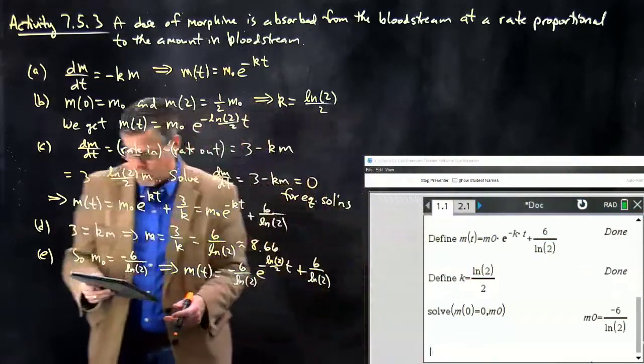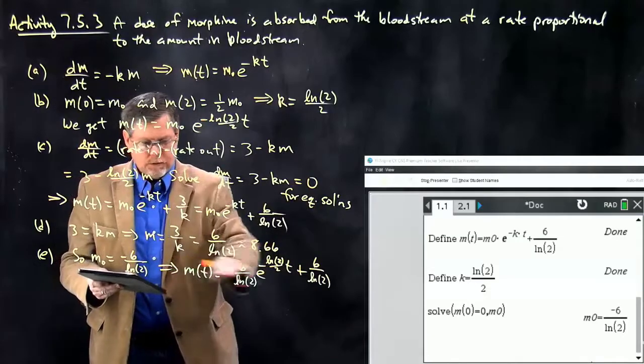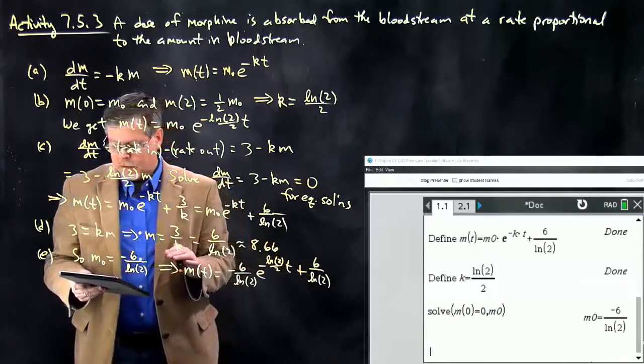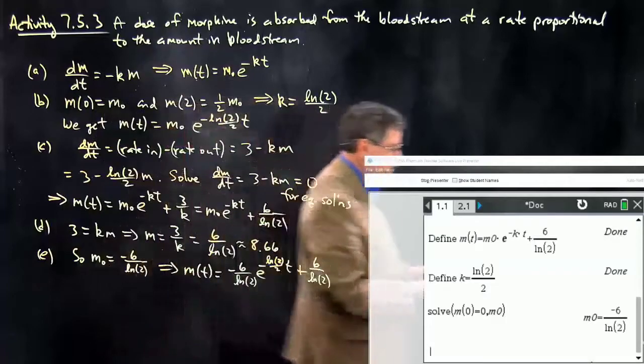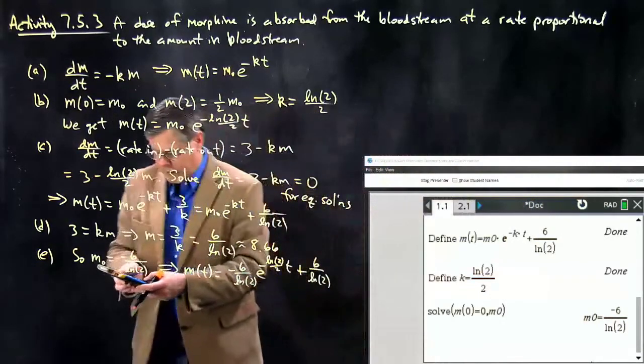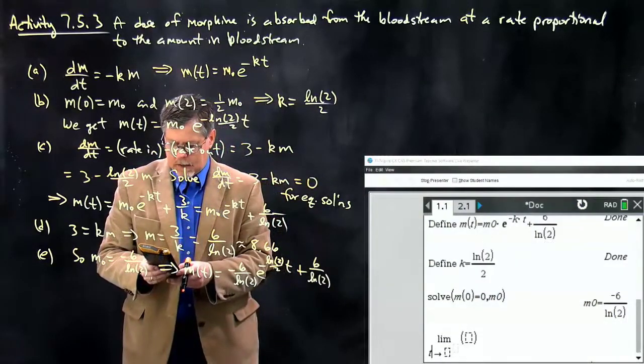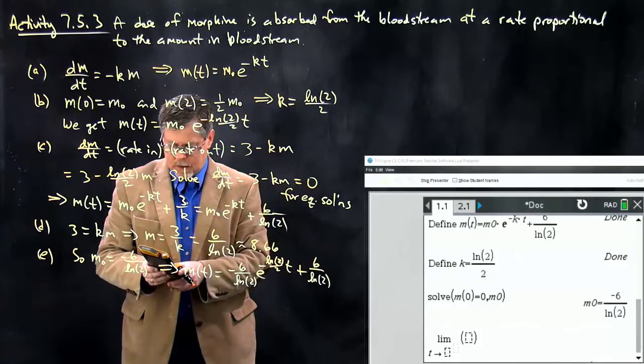Okay, assuming that there's no morphine in the patient's bloodstream, solve the initial value problem to determine M of t, which we've just done. What happens over a very long period of time? So we're really looking at the limit of this guy as t goes to infinity. So let's take the limit of M of t as t goes to infinity.